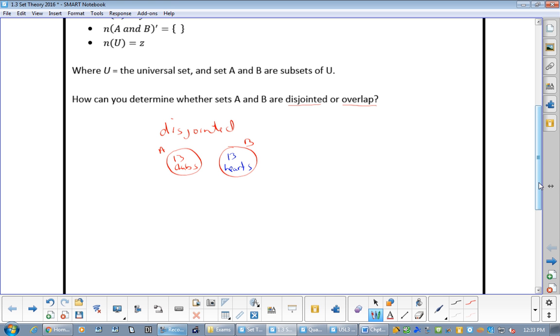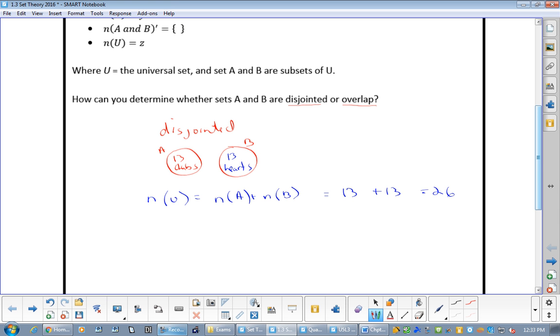If this is A and this is B, you would say N of the universal would be N of A plus N of B. So that would be 13 plus 13 equals 26.